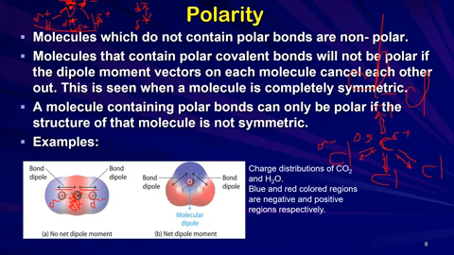Here we have an example of a water molecule, and a water molecule is a very good example that we can use to demonstrate some of the physical properties of polar substances that I will tell you very soon. Here we have the dipole moments, and this time the dipole moments are moving in the same direction.